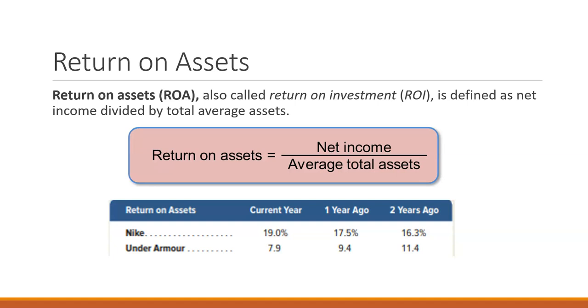We can see that Nike is improving their return on assets while Under Armour is decreasing. They are not doing as good of a job as Nike at improving their return on assets. That's called benchmarking, when we compare ourselves to another company to try to determine if our results are comparable within our industry or with people that we're competing against.